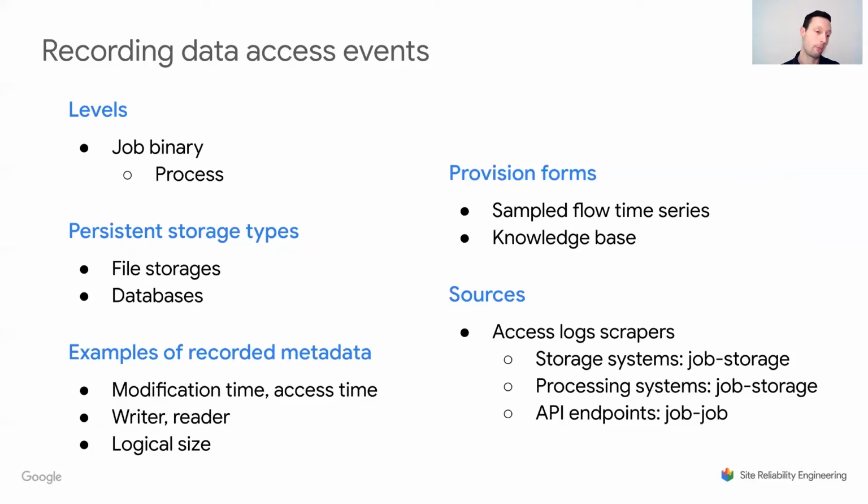For monitoring purposes, it's useful to harvest metadata like modification time, writer, TTL, and logical size, for instance. Of course, for more sophisticated monitoring, you can think of gathering more metadata.